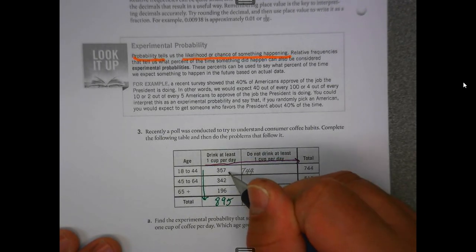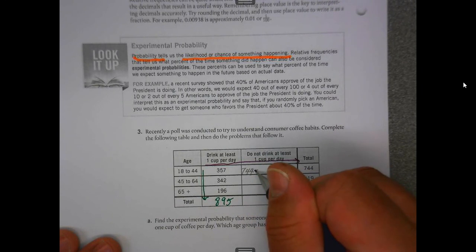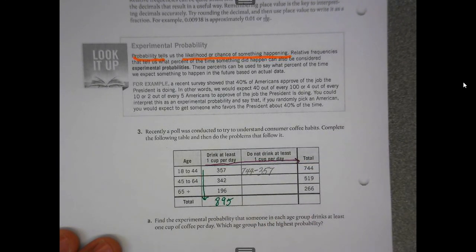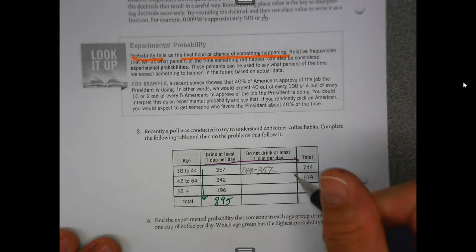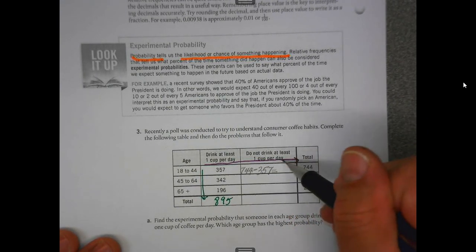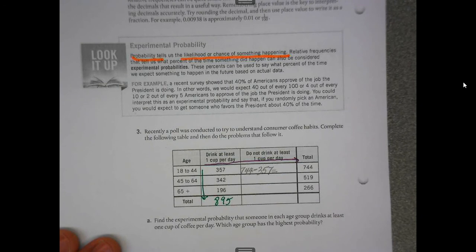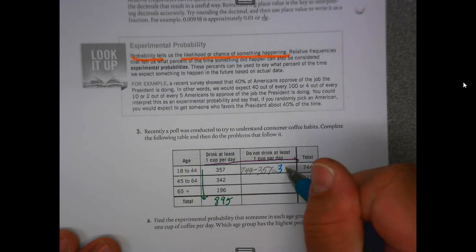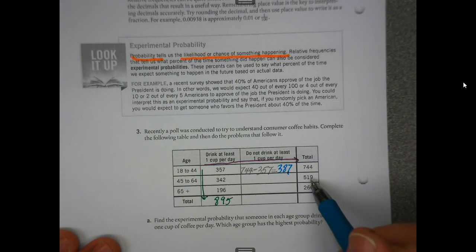And I'm going to do that again. 519 minus 342 is 177. 266 minus 196 gives me 70. All right. So if I add these across, I get my 744. I just subtracted that out of that total.